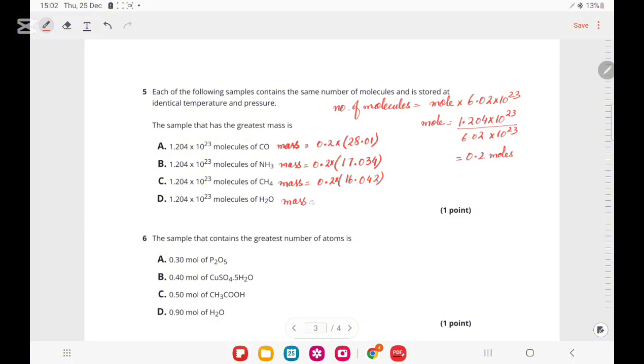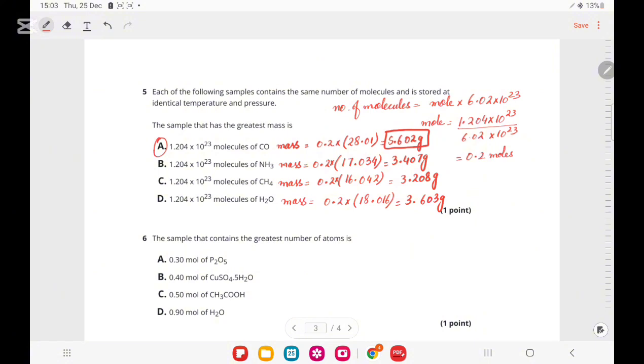Then for water, 0.2 times 18.016. Now let's find out. For carbon monoxide, the answer is 5.602, for ammonia the answer is 3.407, for CH4 the answer is 3.208, and for water the answer is 3.603 grams. So the greatest mass is going to be A.